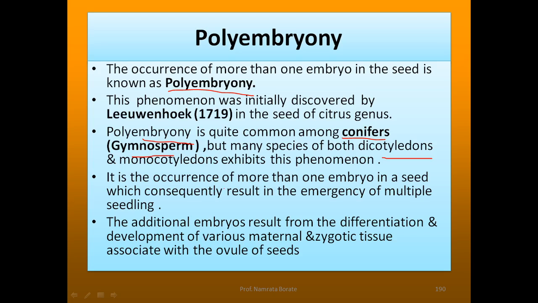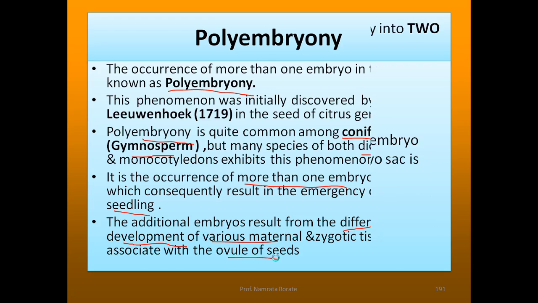It is the occurrence of more than one embryo in a seed, which consequently results in the emergence of multiple seedlings. The additional embryos result from the differentiation and development of various maternal and zygotic tissues associated with the ovules of the seed.